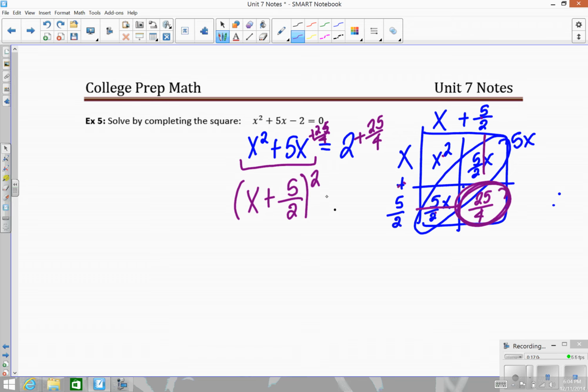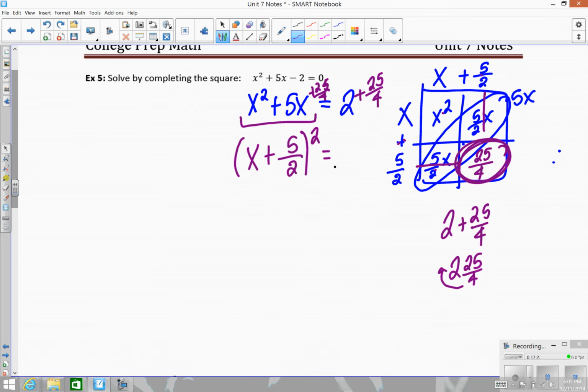And then we're going to go ahead and add this. So I'm going to just do that off to the side, 2 plus 25 over 4. The easiest way to do this is just to think of it as a mixed number, 2 and 25 over 4. And then to combine it, you multiply these and then you add what's left.